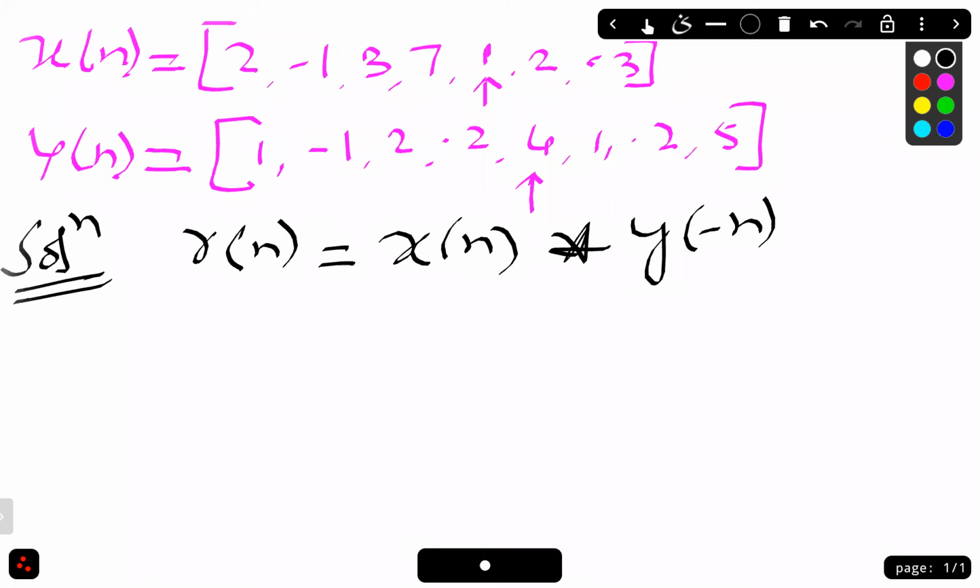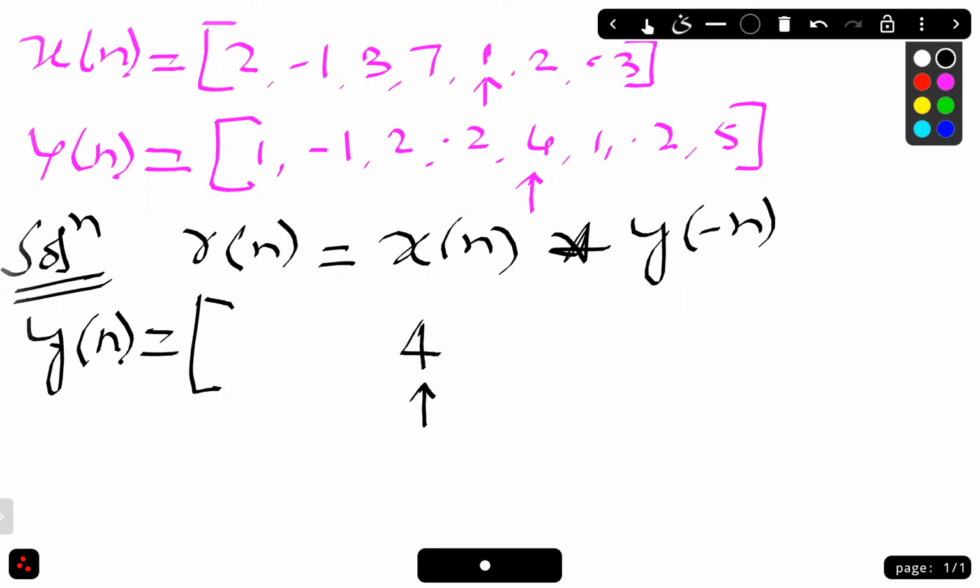So we know x of n from the given question. Now we want y of minus n. Can anyone tell me how we write y of minus n? We need to fold the given sequence. So here the 4 will be the center point, which will remain as it is because we are folding the sequence with respect to 0.